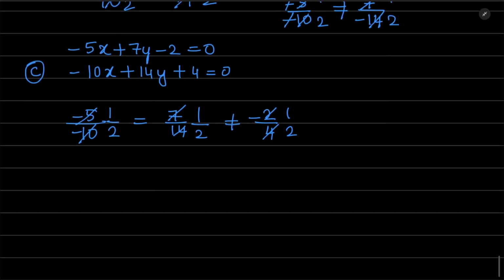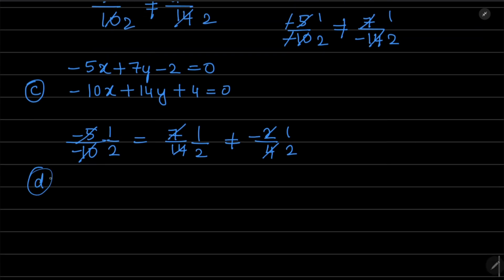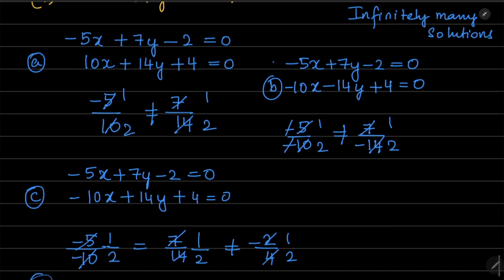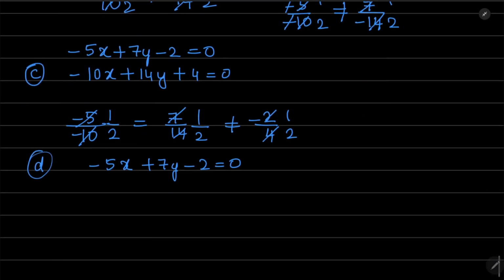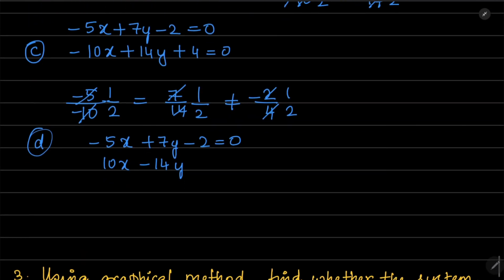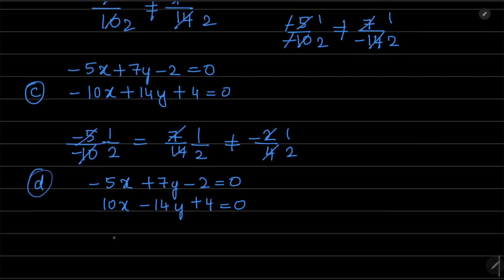Now let's go to the fourth one. Minus 5x plus 7y minus 2 equal to 0 is the given equation. What is the last equation? 10x minus 14y plus 4 equal to 0. So let's take A1 by A2: minus 5 by 10.